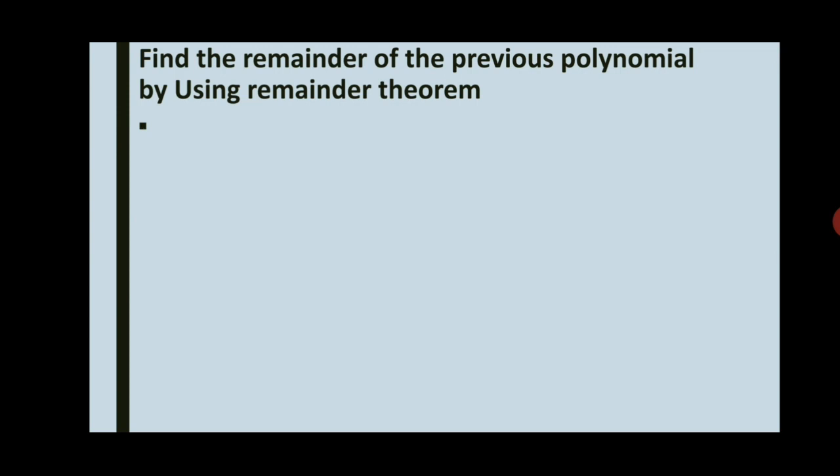In that particular case, p of x is equal to 3x square plus x minus 2, the previous problem, and g of x is equal to 1 plus x, right? Now, without actual long division, we can find the remainder.